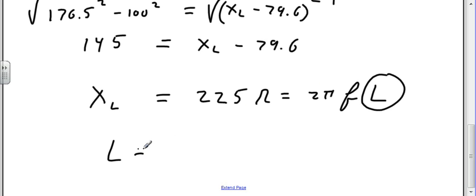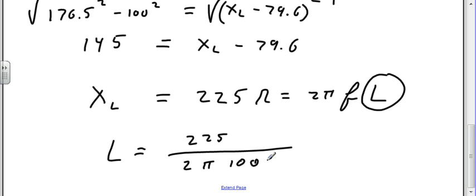So L is 225 divided by 2 pi 1000 equals. Okay, so I got that: divided by 2 divided by pi divided by 1000. And I got 35.8 millihenries.